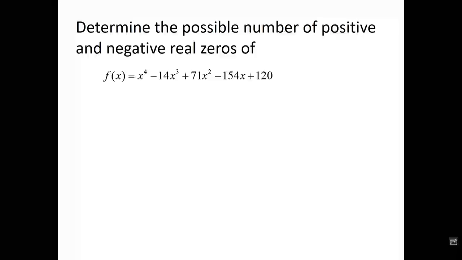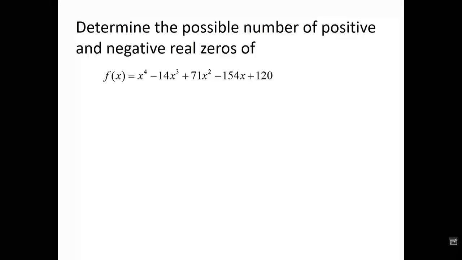In the next example, we want to determine the possible number of positive and negative real zeros of f of x is equal to x to the fourth minus 14x cubed plus 71x squared minus 154x plus 120. So we're just going to determine the possible number. We're not going to find them.